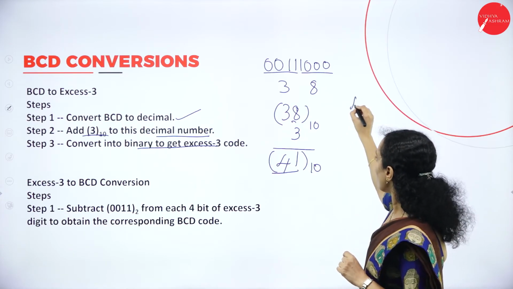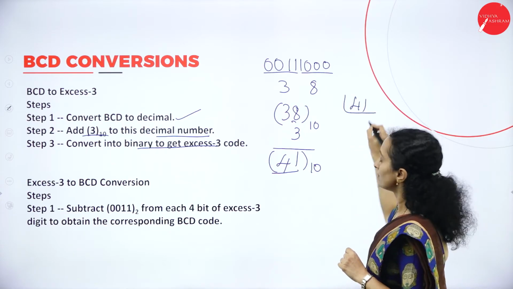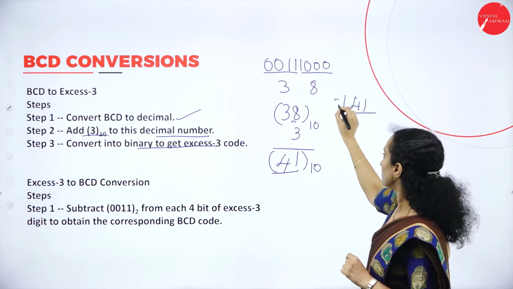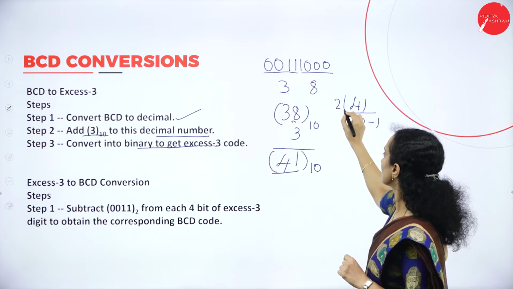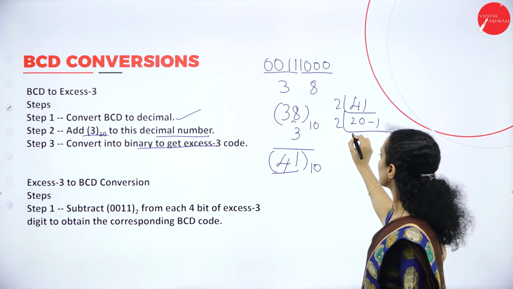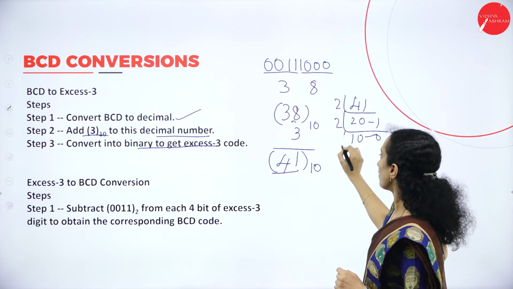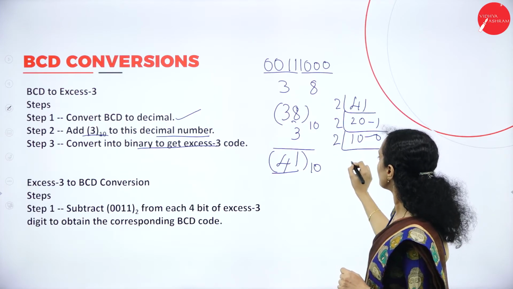Now, what you have to do is convert the 41 into the normal binary.